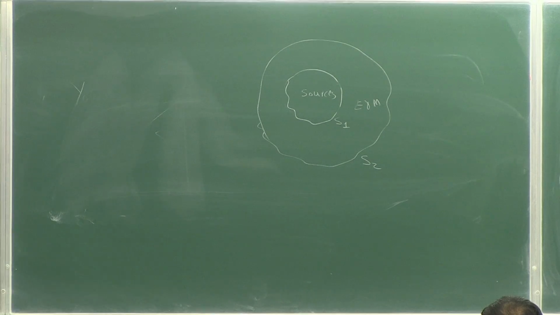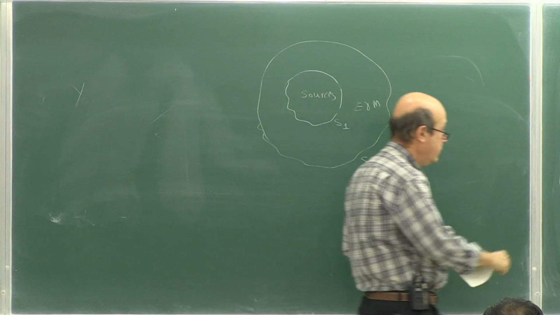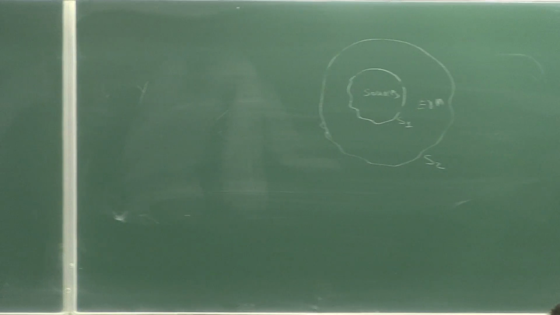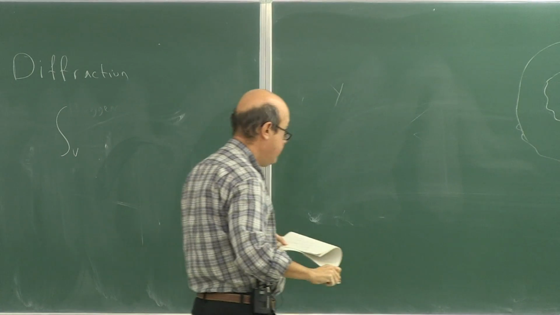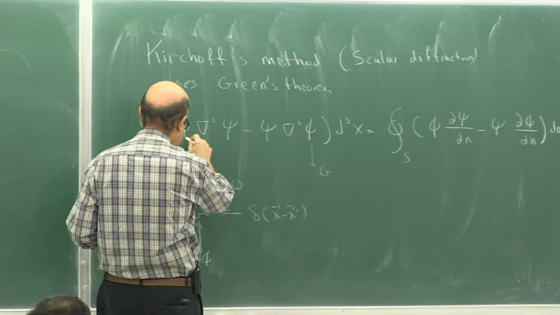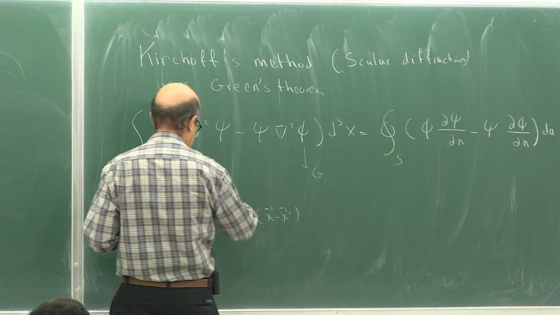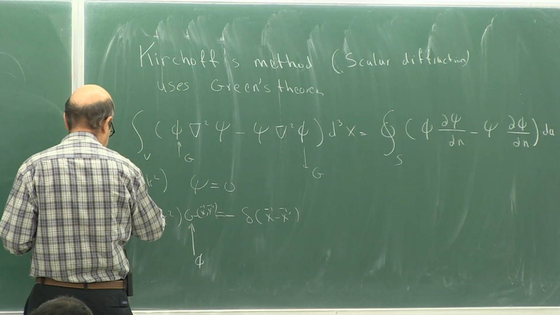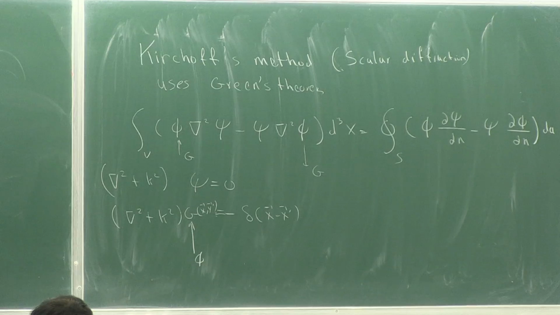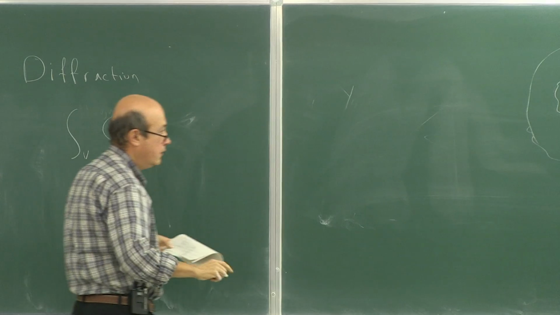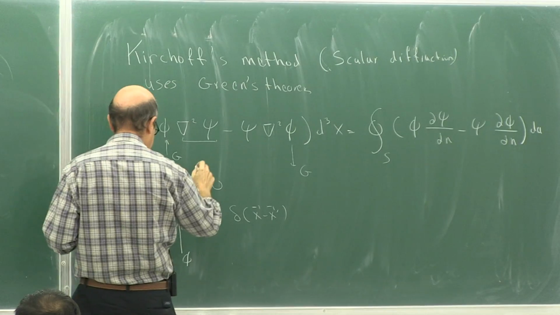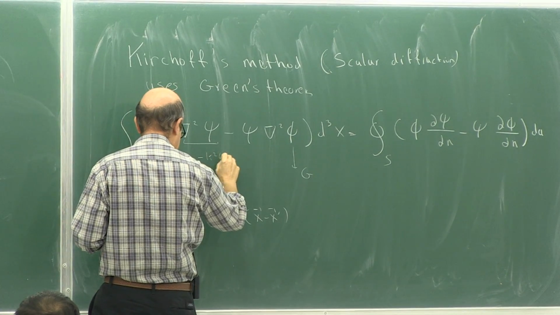For the first term, phi is replaced by the Green's function, and instead of the Laplacian of psi, you can write minus k squared times psi.